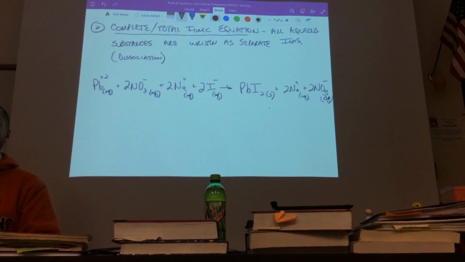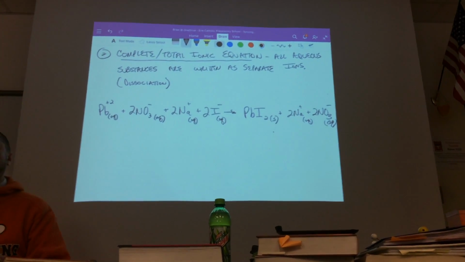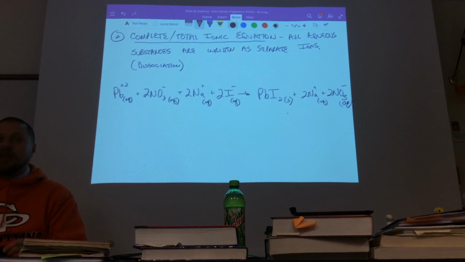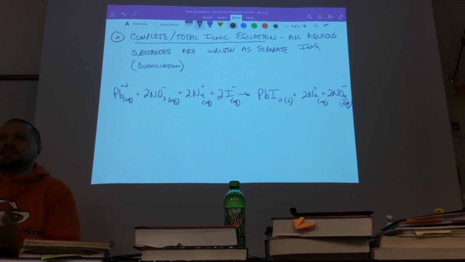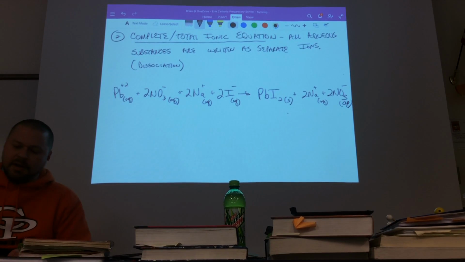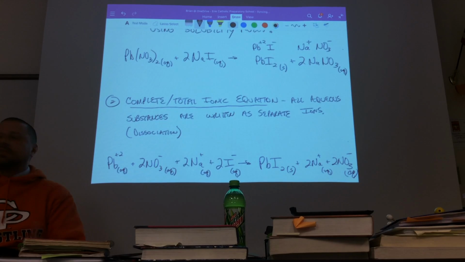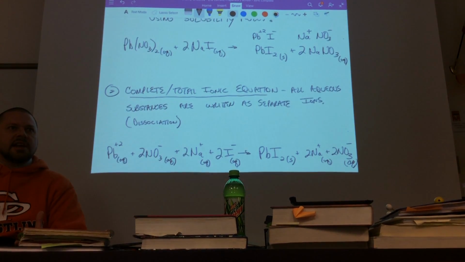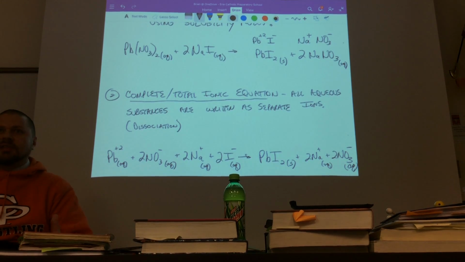So I just broke everything up. Now, see, this is a more useful chemical equation, because this is really telling me what's in the solution and what's happening. You follow me? Up here, the illusion is that these things are connected together, isn't it? The Pb's and the NO3's, it looks like they're connected. And the Na and the I's, they look like they're connected.